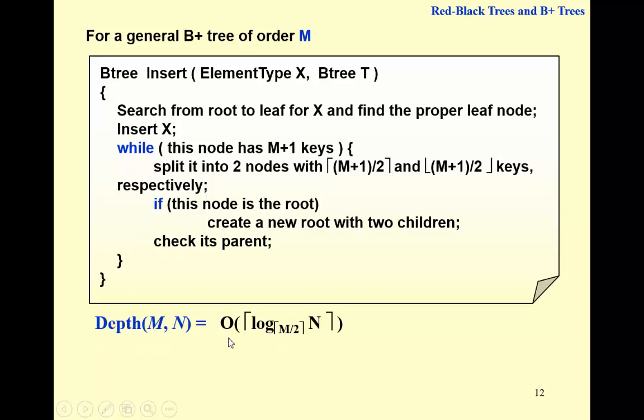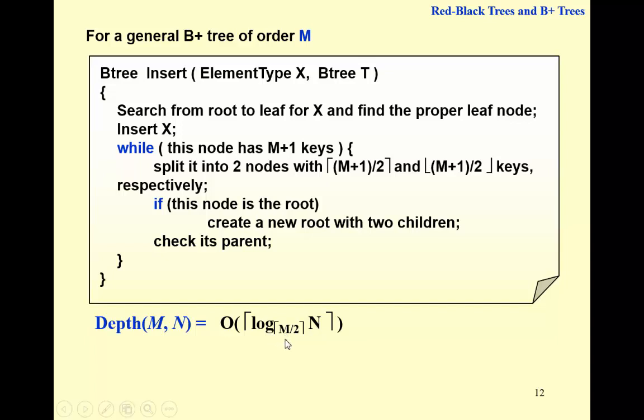If we simply look at the expression of this depth, we realize that when m gets larger, this upper bound gets smaller. For fixed n, when we have a larger m, we're going to have a smaller number here, right? So does it mean that we should make m as large as possible?